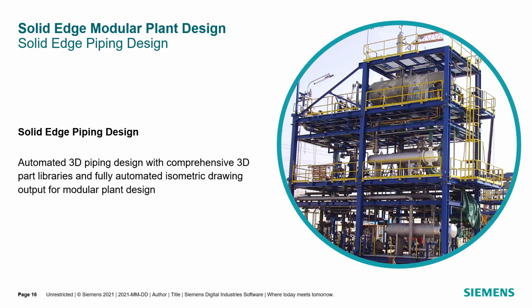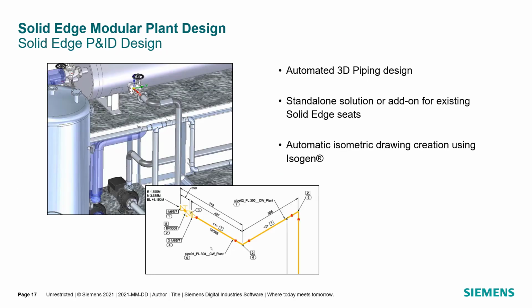Here we look at the Solid Edge Piping Design module SE398. It provides automated 3D piping design with comprehensive 3D part libraries and fully automated isometric drawings for manufacturing. Automated 3D piping design allows faster packaging design.